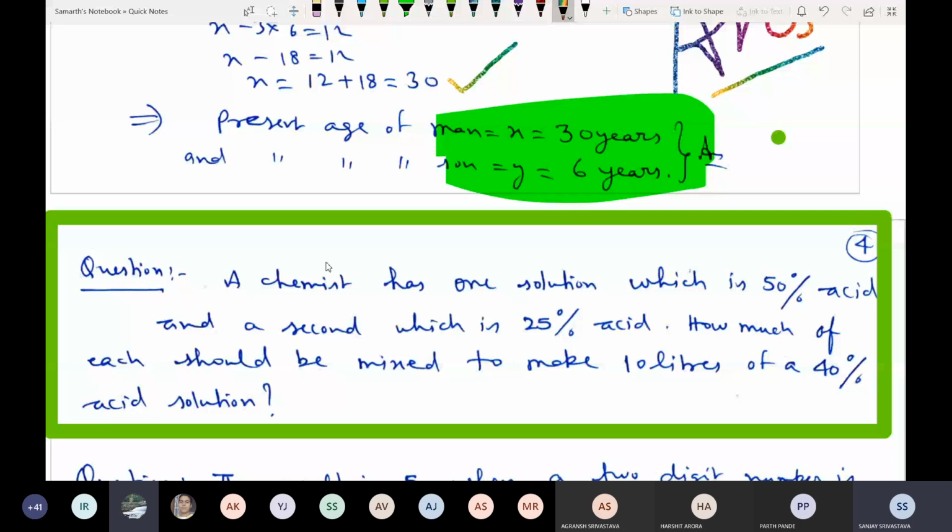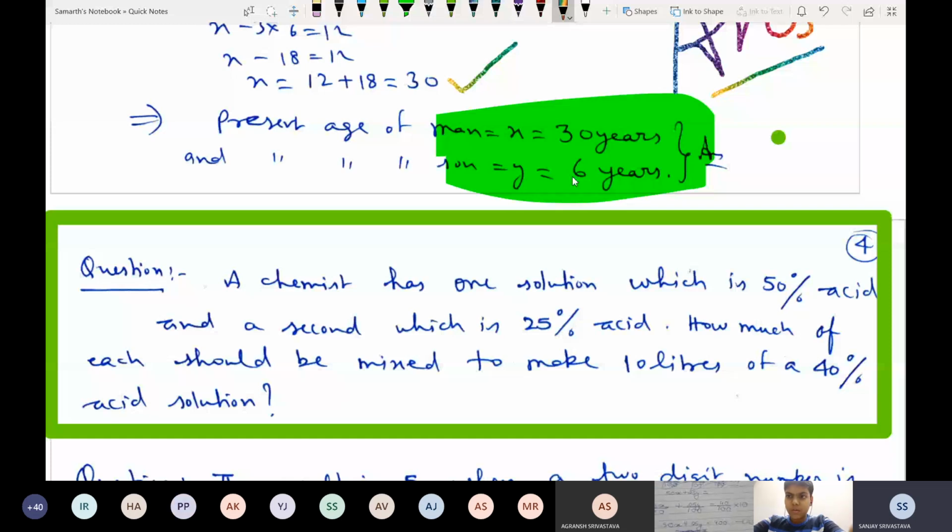Who is that? Shreyansh. Sir, I formed the equations, but I'm not able to continue the question. You have formed the equation. Now just share the screen. Let me see. x plus y is equal to 10.